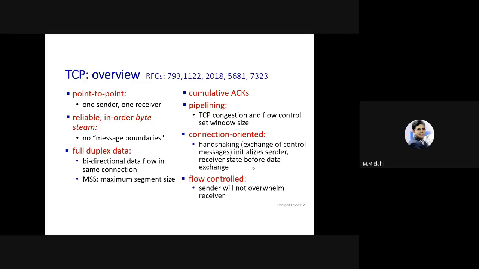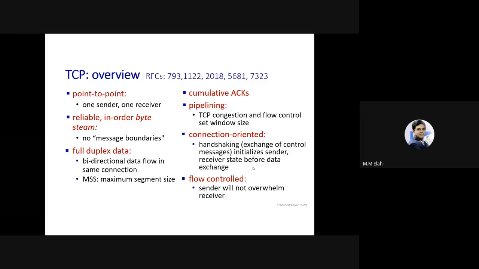We will see a more elaborated picture in this chapter also. This means the sender will not overwhelm the receiver. So the sender will send only the number of bytes available in the receiver's buffer. In that way, there will be no overflowing of the receiver's buffer. That is called flow control.